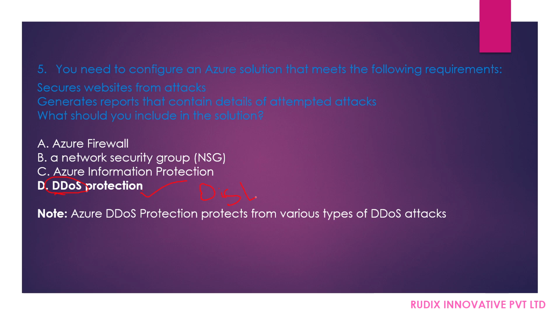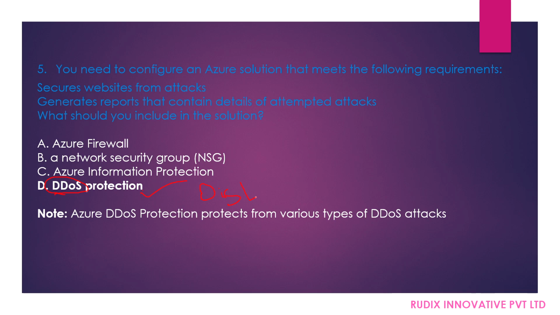So this is about distributed denial of service. Why not option A, B or C? Because DDoS protection is specifically designed to meet the requirement of securing the website from attacks and generating reports of attempted attacks.